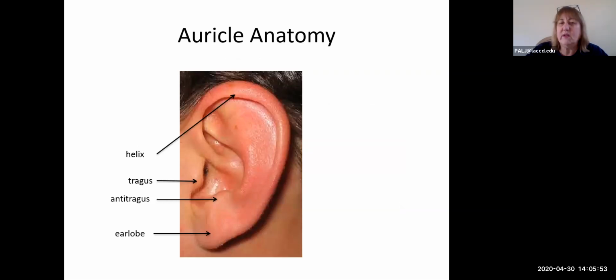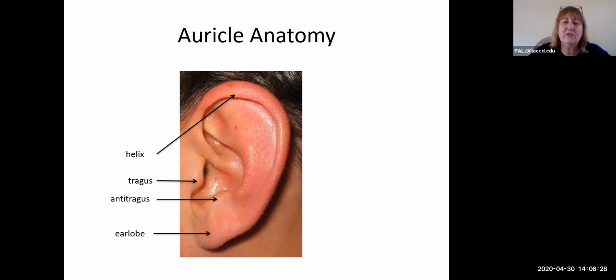Looking at the auricle itself, you can see that there are a lot of protuberances and bends and all kinds of things. The upper outer curved part is called the helix. And the lowest most part is called the earlobe or the lobule. On some people, it is not attached to the skin of the scalp and can be flicked, and other people, as in this picture, it is actually attached to the head.